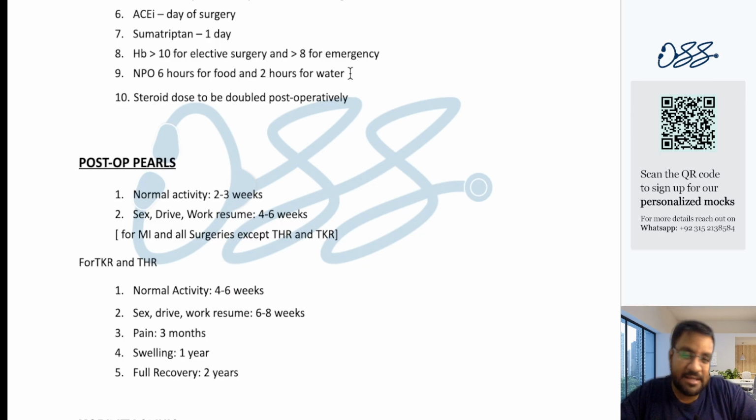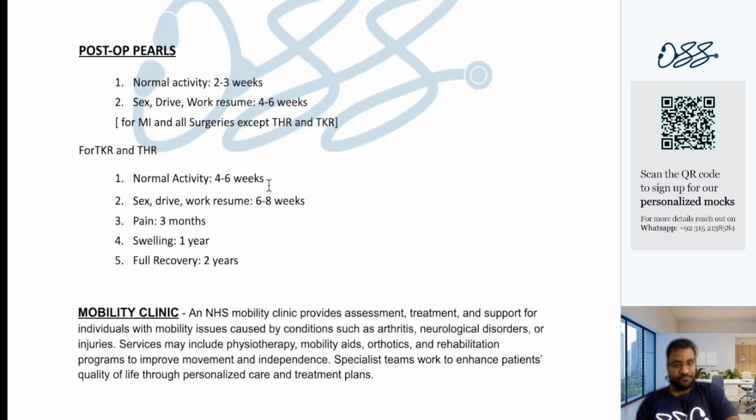But the guidelines say that 6 hours is more than enough, and it reduces the risk of aspiration. Just follow the guideline and say 6 hours. Then the steroid dose needs to be doubled post-operatively. If the patient says that they are on steroids, then you have to say in the management that the dose needs to be doubled.